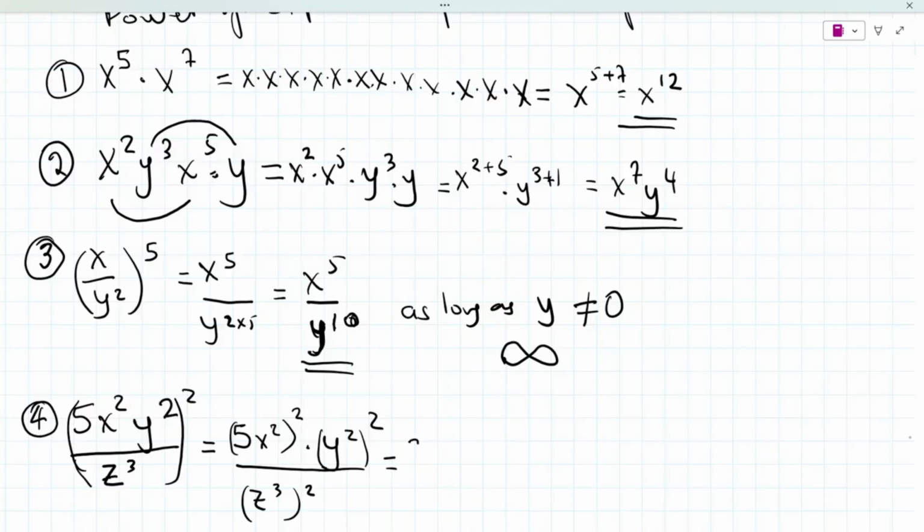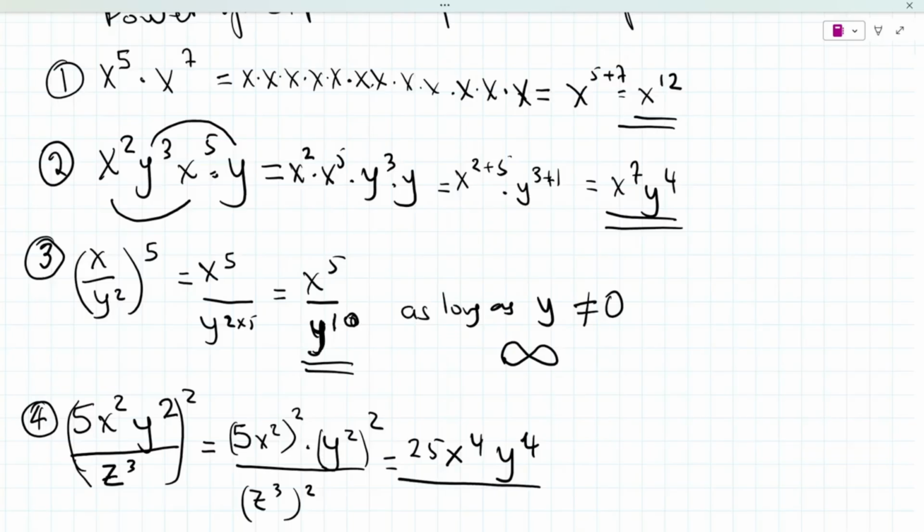And so this becomes 5 squared, which is 25, multiplied by x to the power 2 squared, which will be x to the power 4, multiplied by y to the power 2 squared, means y to the power 2 times 2, which will be 4.